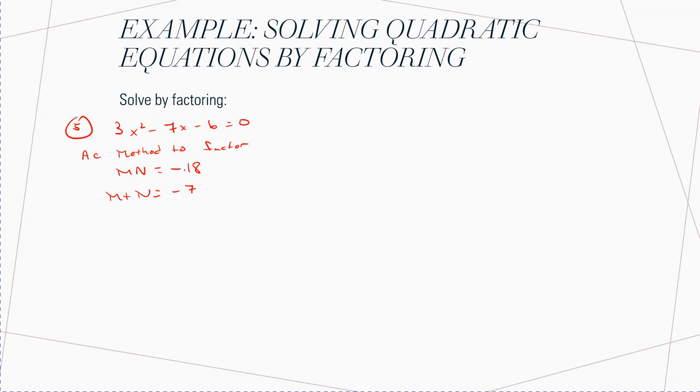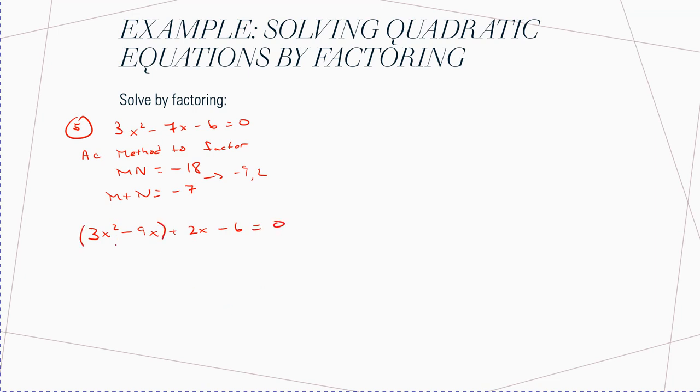So what two numbers multiply to negative 18 and sum to minus 7? I think it's minus 9 and 2. Yeah, minus 9 times 2 is minus 18. Minus 9 plus 2 is minus 7. So you're going to split the middle term. And then you're just going to factor by grouping.